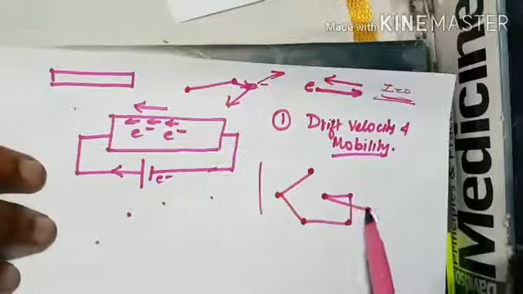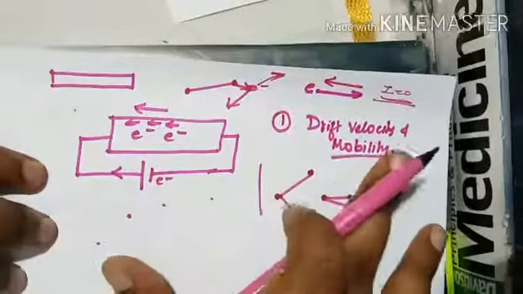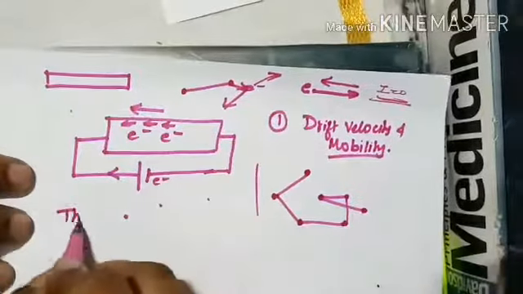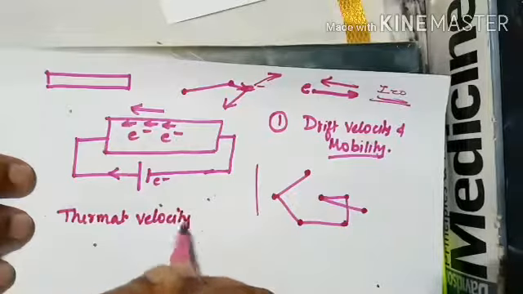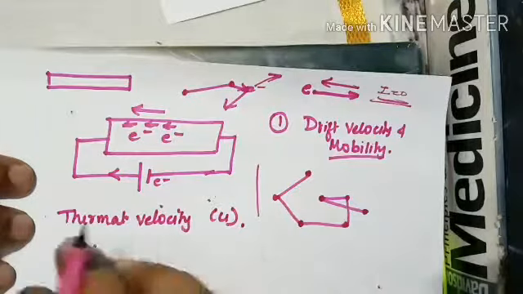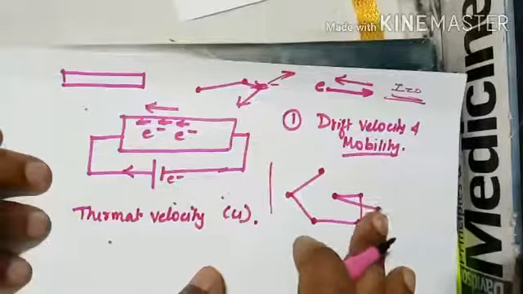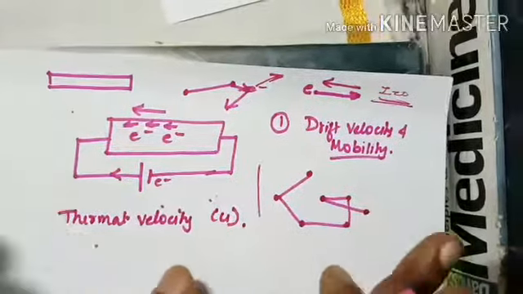So each electron which is present in a conductor not kept in an external electric field is having a velocity called thermal velocity. That is the normal velocity of any electron in a conductor. This much clear? This is a name which we are giving, right? Thermal velocity is the velocity of the electrons in a conductor which is not in an external field.